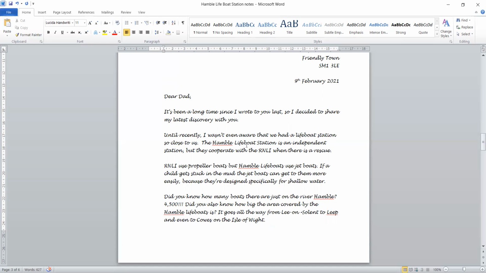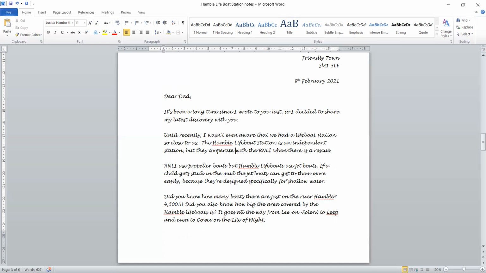So I'm only on my second paragraph, but I have already changed 2 of my words for better, more exciting words. I have changed 2 of my verbs, in fact. So I need to carry on reading my work. I use propellers. If a child gets stuck in the mud, the jet boats can get to them more easily.